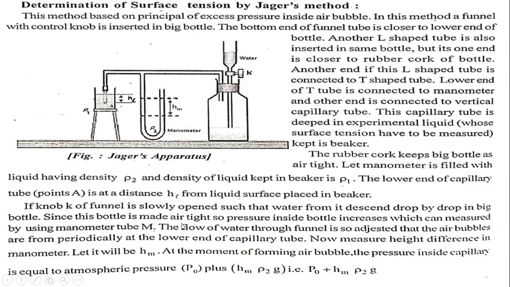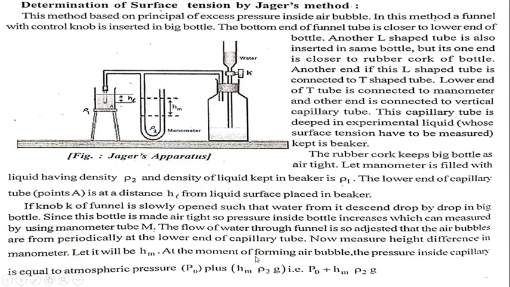Since this bottle is made airtight, pressure inside bottle increases, which can be measured by using manometer tube M. And the flow of water through funnel is so adjusted that the air bubbles are formed periodically at the lower end of capillary tube. Now measure height difference in manometer. Let it be HM, this height difference is denoted here by HM.